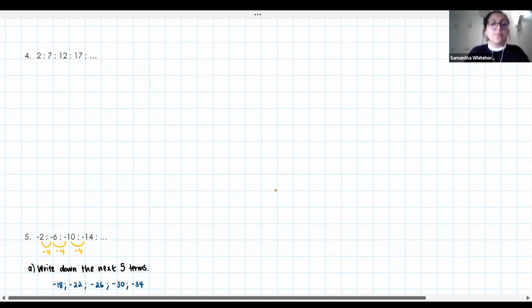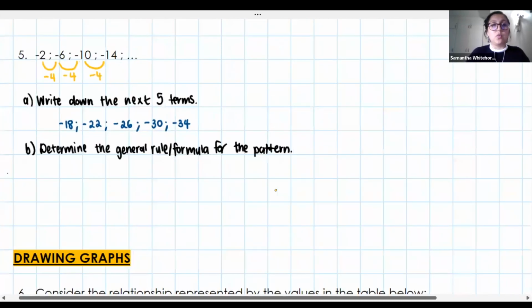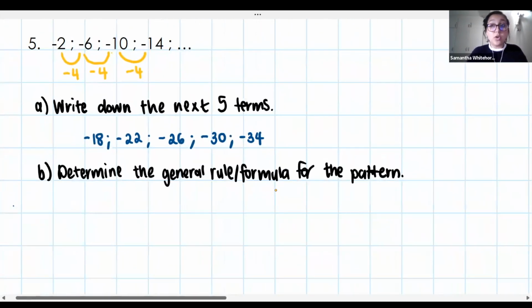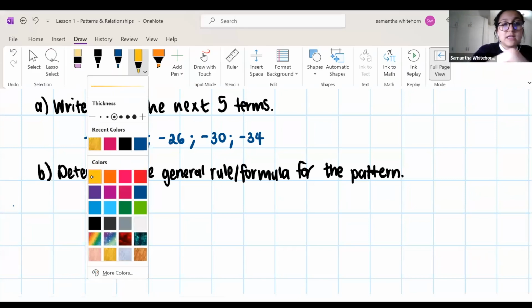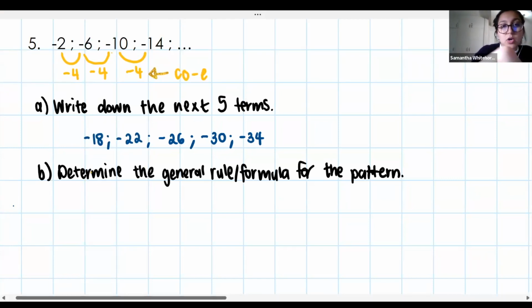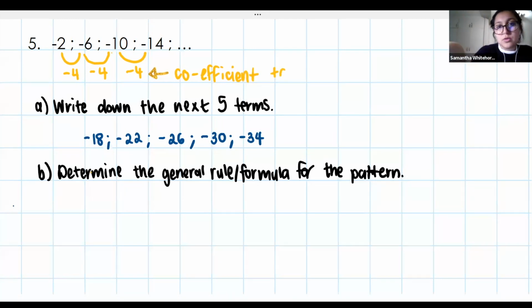Righto. So if we go back to what we were talking about here, we know what we're adding or subtracting each time. We know that we are subtracting 4. And so what we know is that this -4 is our coefficient to x in our rule.